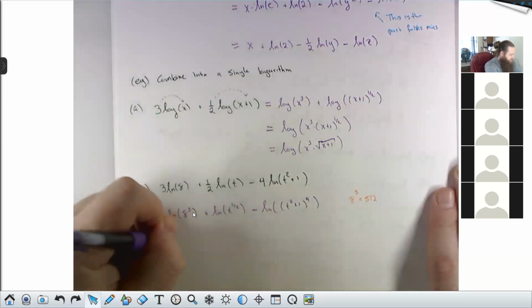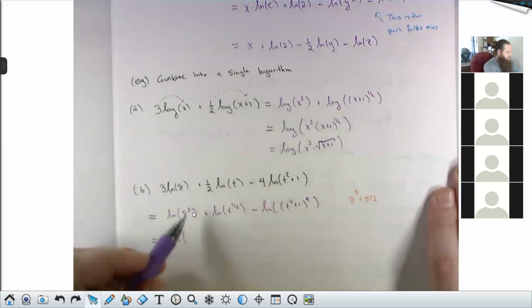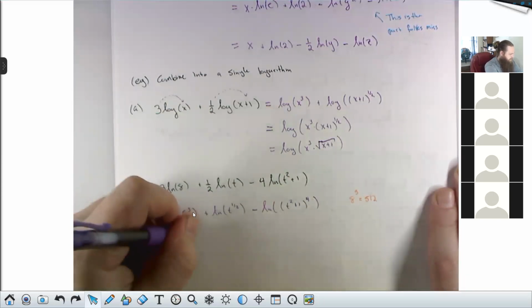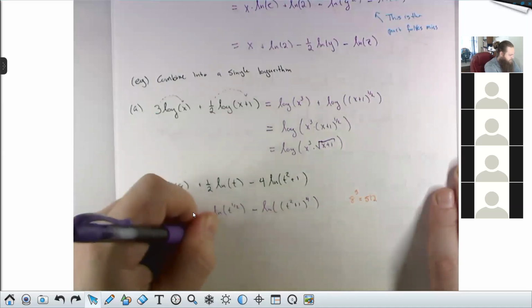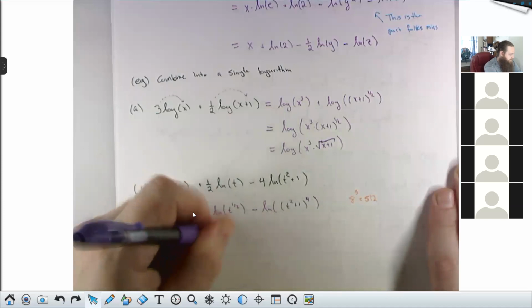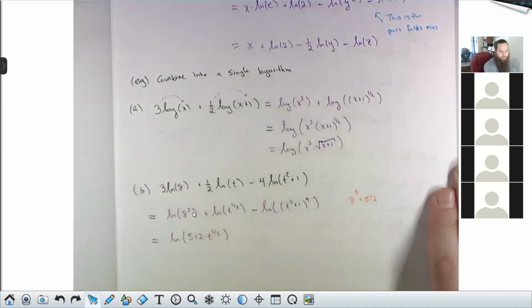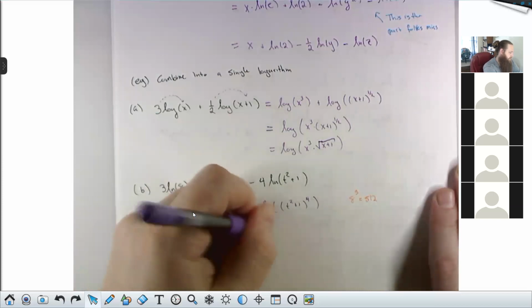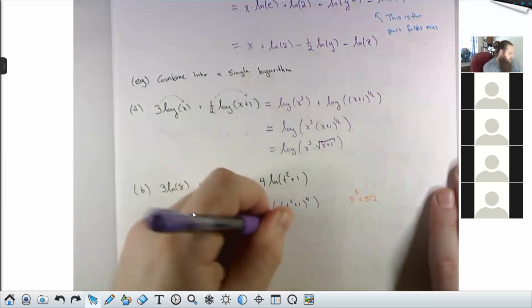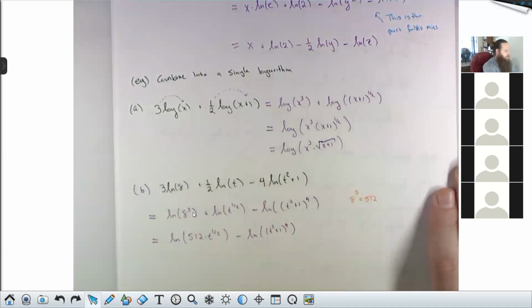So this first one is the ln of 8 cubed, which is 512. What I'm going to do is just glue these two together first. So this is going to be the ln of this inside times this inside, which is 512 times t to the 1/2. And then I've got minus the ln of t squared plus 1 to the 4. While you could multiply all this out, there's no reason to.